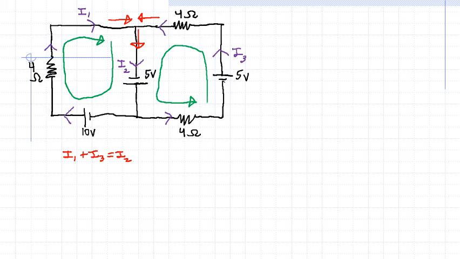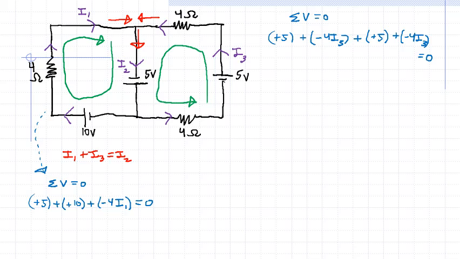All right, so I1 plus I3 equals I2, so that's Kirchhoff's current law. On the left-hand side here, we should get positive 5 plus positive 10 plus negative 4I1.